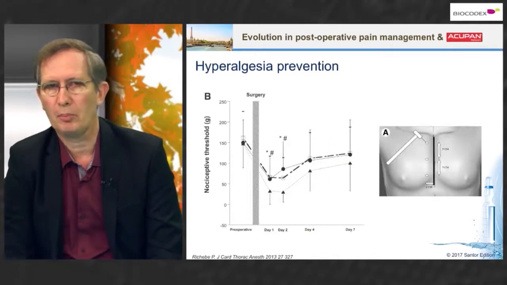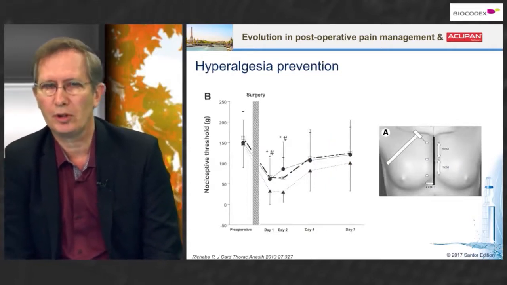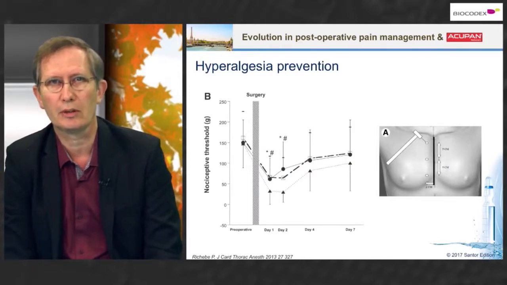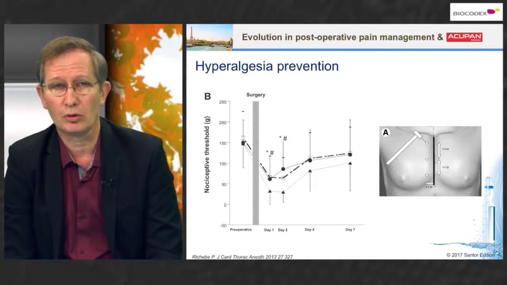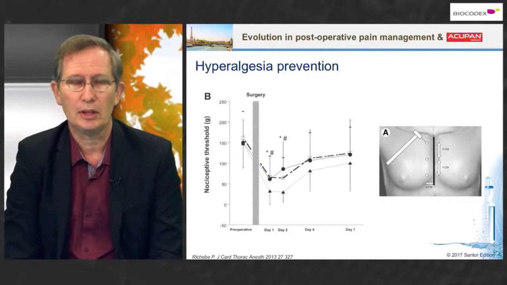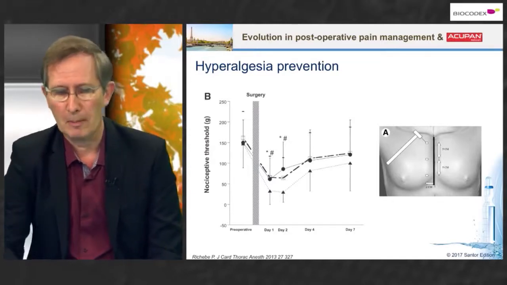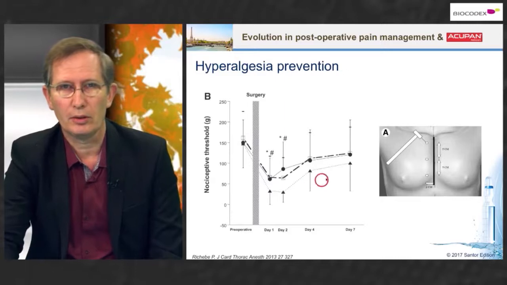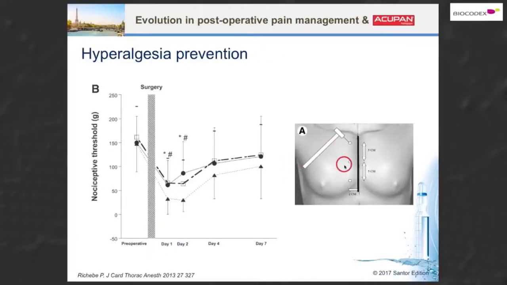When you look at hyperalgesia, just to remind you, hyperalgesia is a concept concerning the sensitization of the central nervous system, and this hyperalgesia can be measured in surgical patients, and that's what was done by Philippe Richebé in this study in patients going through sternotomy. He was measuring the severity of allodynia around the wound at different levels, and you have here the time course of this hyperalgesia during 7 days after surgery.